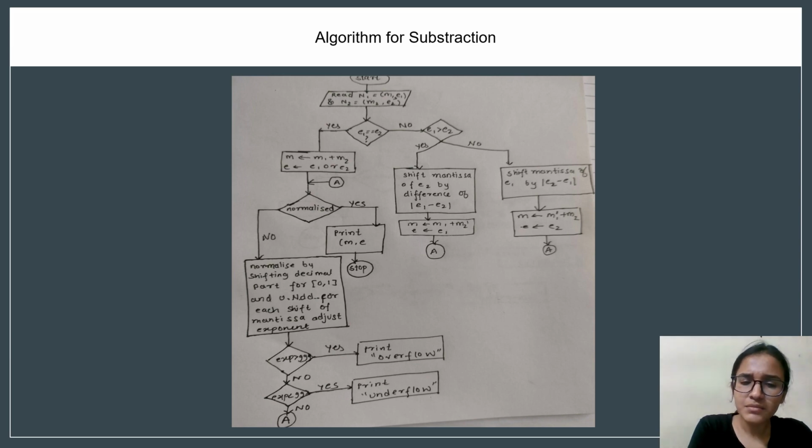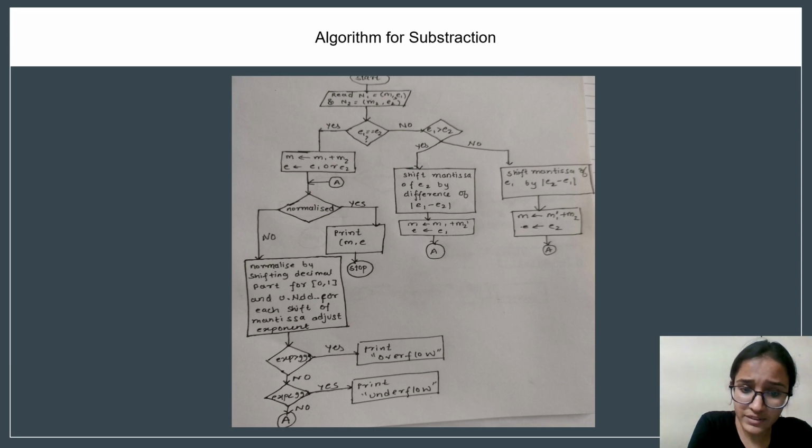A normalized number just means that the part before the decimal point is 0 and the part after the decimal point is a non-zero number. So if it's normalized, we will print the numbers, and if it's not, we will normalize and then check if the exponent part is greater than 99, then we will print overflow.